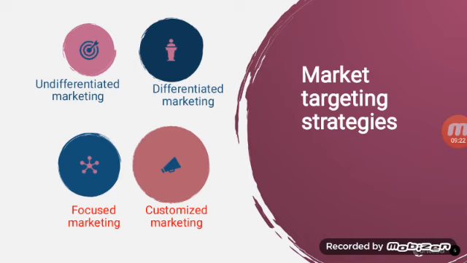But if you see, most of the businesses will only go for one strategy here, one category here. Why? Because it is easier for them to put more effort into that one strategy and develop that strategy into a bigger strategy. So let us look at these 4 targeting strategies one by one.